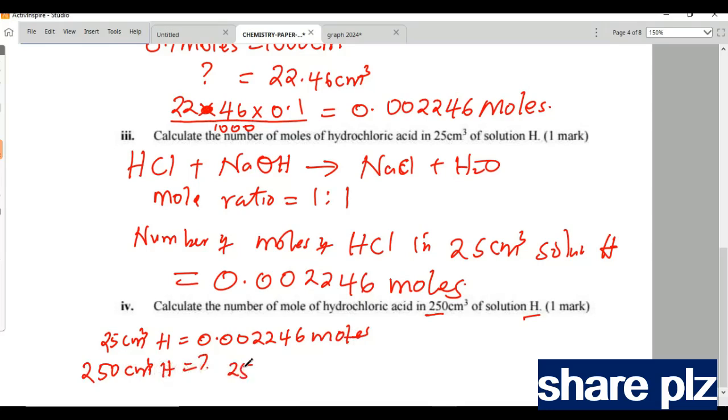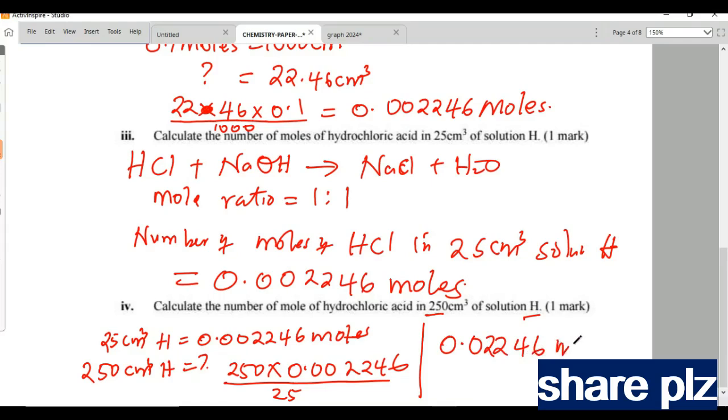That is 250 times 0.002246, divided by 25. This will give us 0.02246 moles. So that is the number of moles in 250.